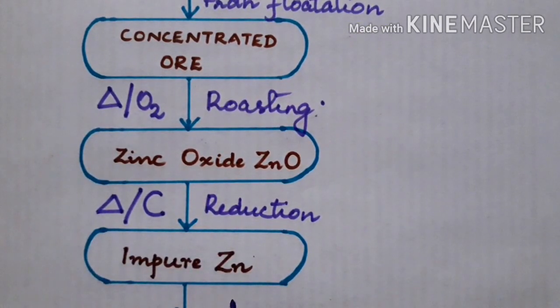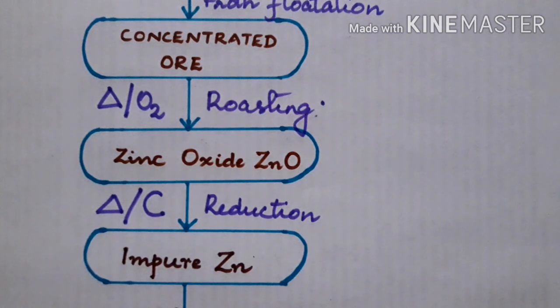What is special about zinc? We know that zinc is a d block element and so it has a completed d orbital. Its atomic number is 30 and so it has a completed d10 configuration. As a result, the number of unpaired electrons present in zinc is very low, due to which it is a volatile metal.